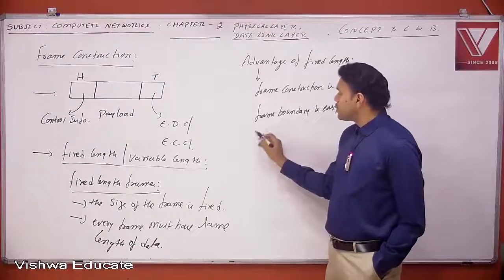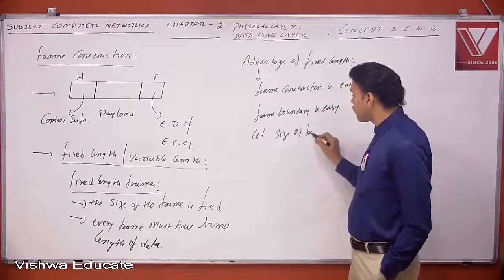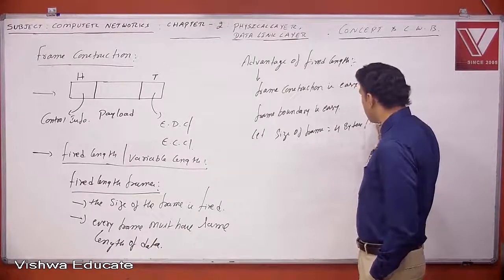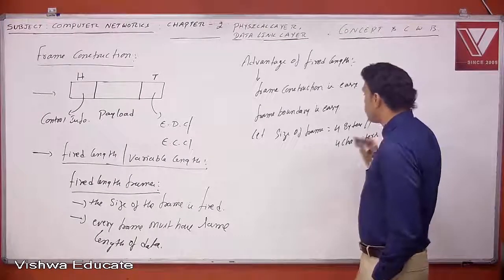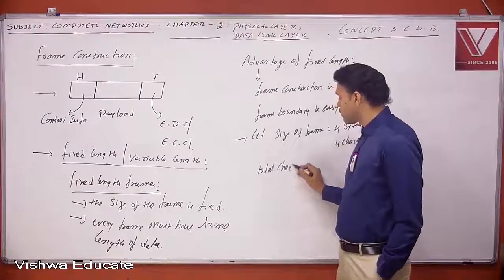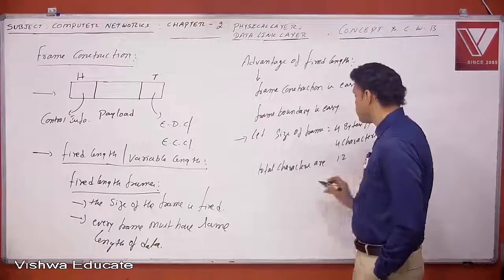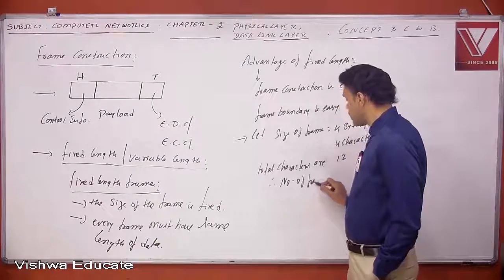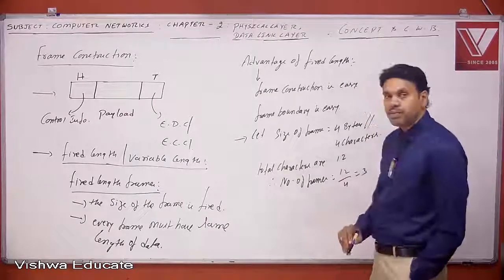Let the size of a frame equal 4 bytes, or 4 characters, and total characters are 12. Therefore, the number of frames I can easily say is 12 by 4, equal to 3 frames.